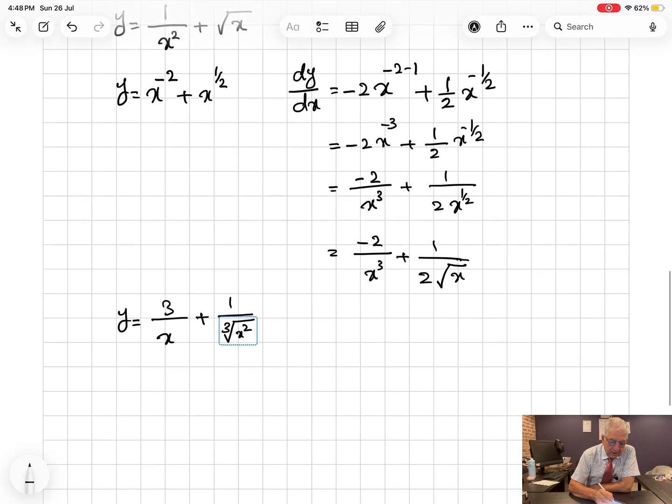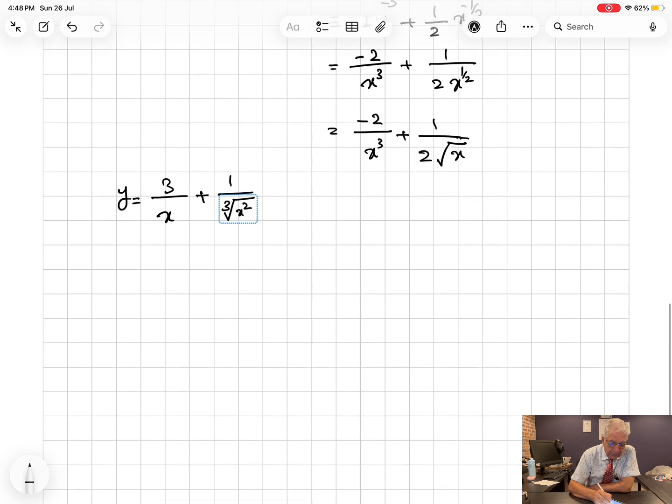What is that? This is y, this is 3, this x is to the power of 1, but it is in the denominator. That means x is to the power of negative 1. Plus, here the power is 2 divided by 3, but this is in the denominator, therefore it will be x to the power of negative 2 over 3. That is the third root of x squared.